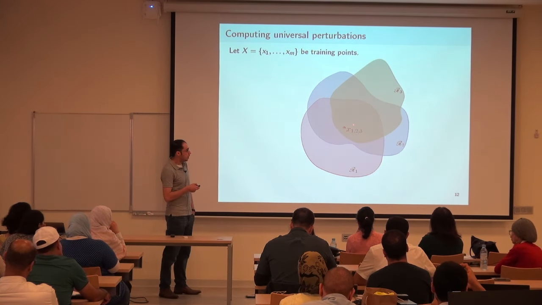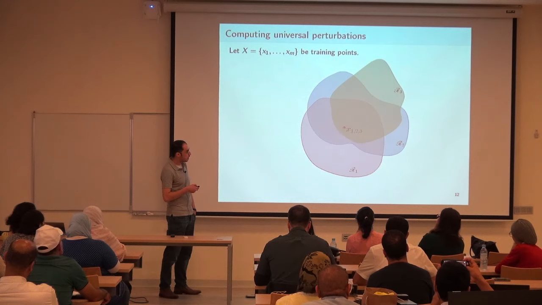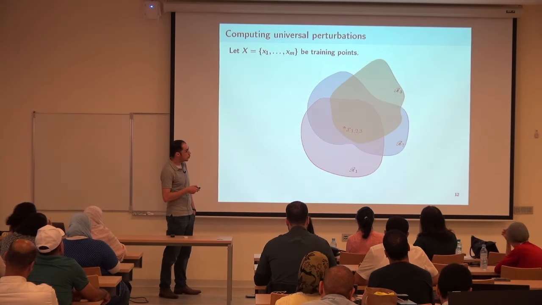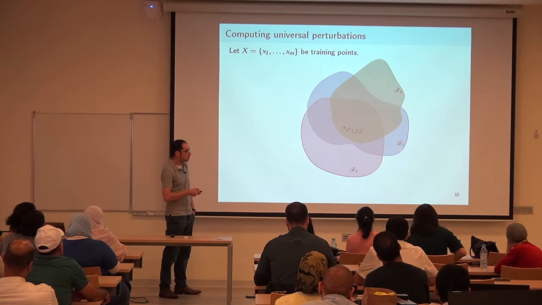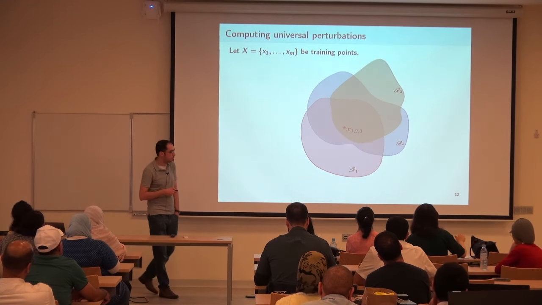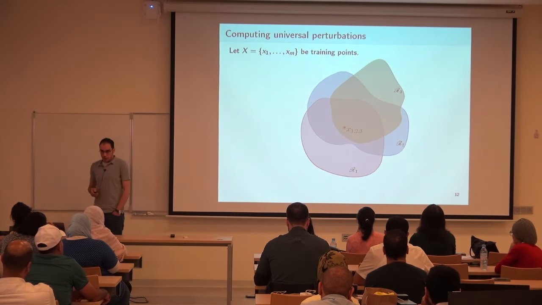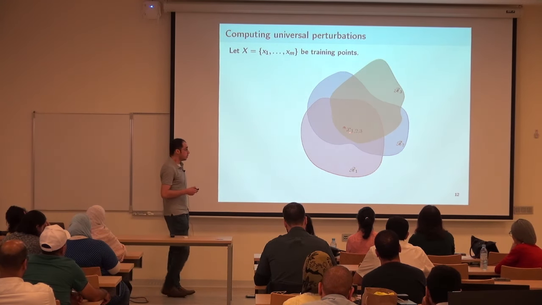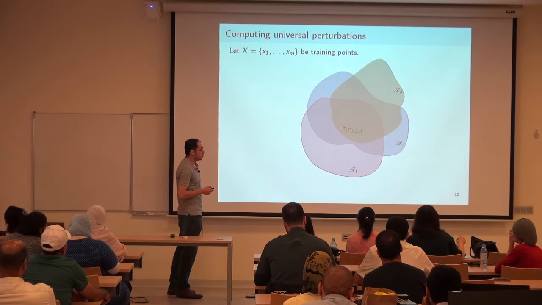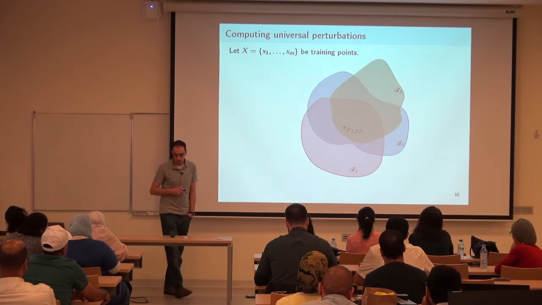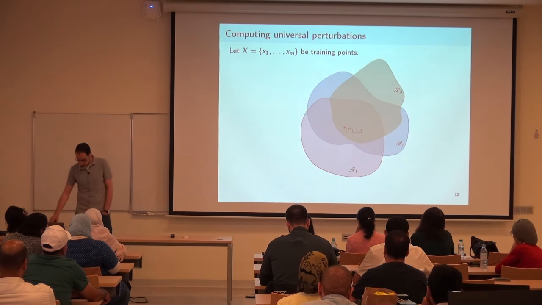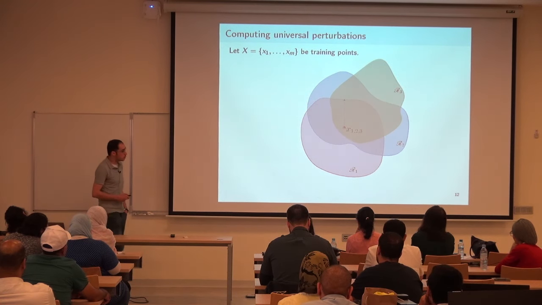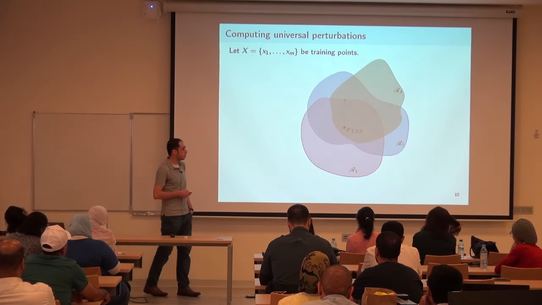With this simple transformation, the goal is to find a vector that goes outside of the union of all these three classification regions. What I'm going to do is very simple. I'm going to start by finding a vector that goes outside of my first classification region.